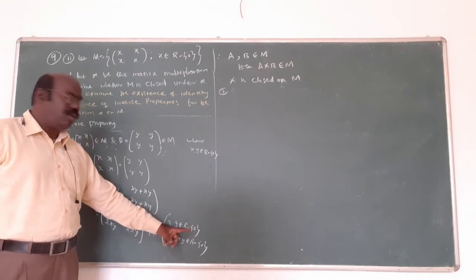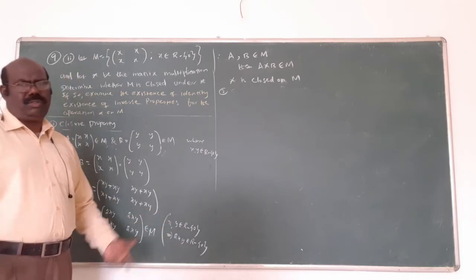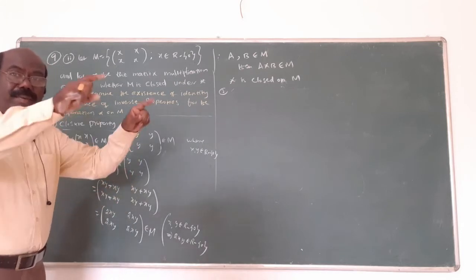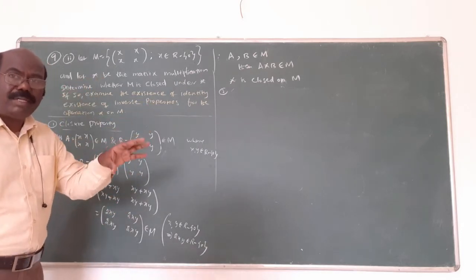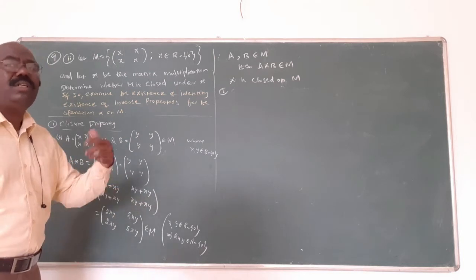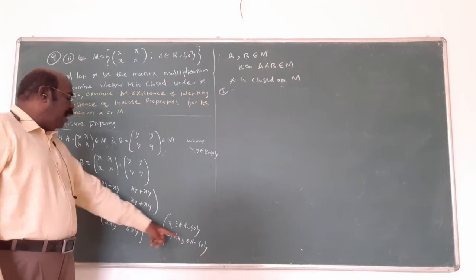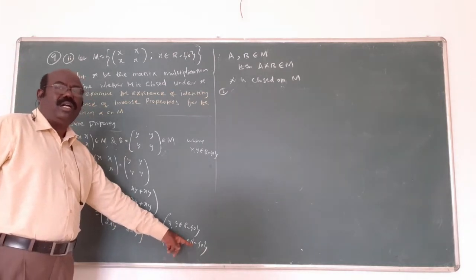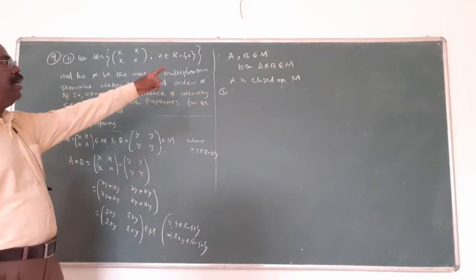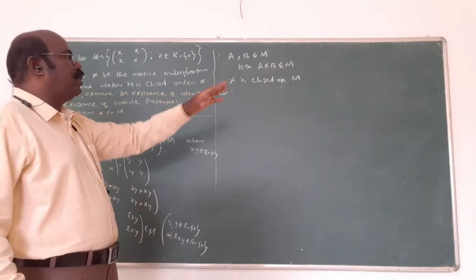Then multiplying both, 2xy is also not equal to 0. That's why both conditions are satisfied. The given matrix is of the form with four elements, all elements equal, and that element belongs to R except 0. Here also all elements are equal and belong to R except 0. That's why A comma B belongs to M, then A star B also belongs to M. That's why it is closed.